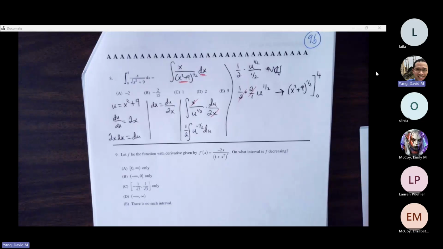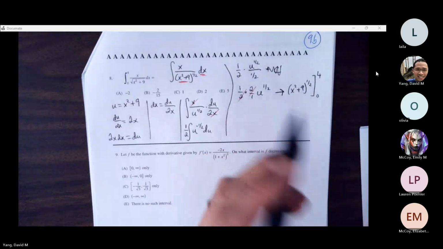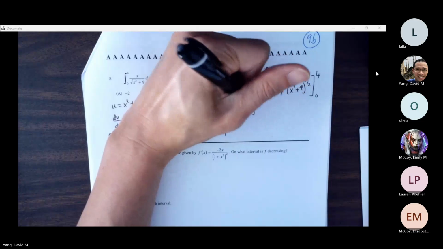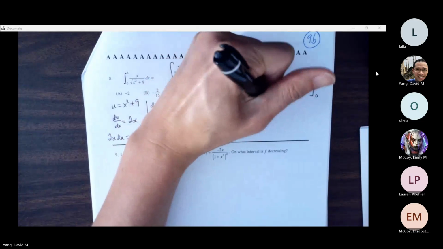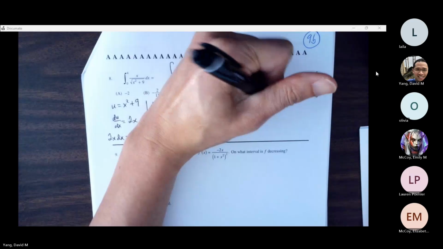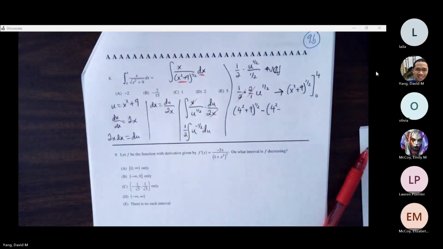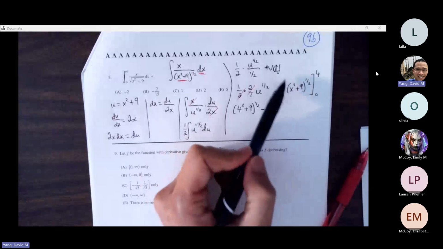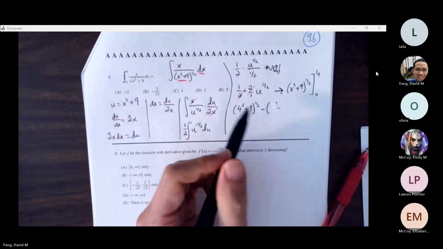Okay, let's involve the upper minus lower bound. So upper bound first, 4 in for x, minus, now lower bound, 0 in for x.